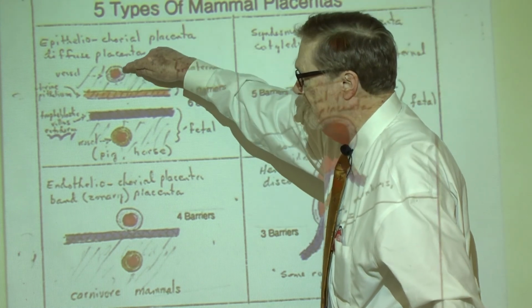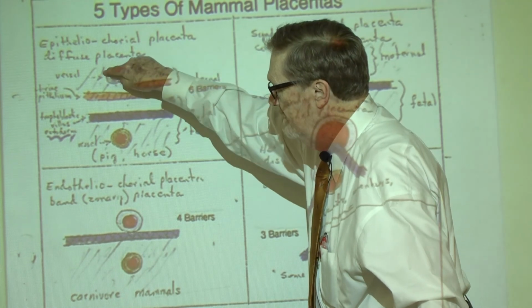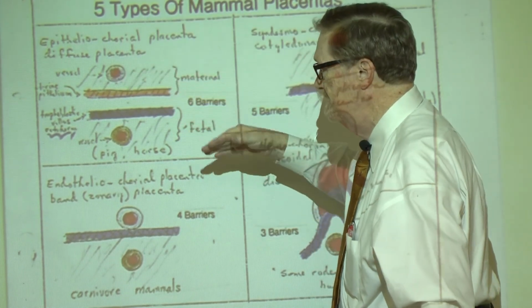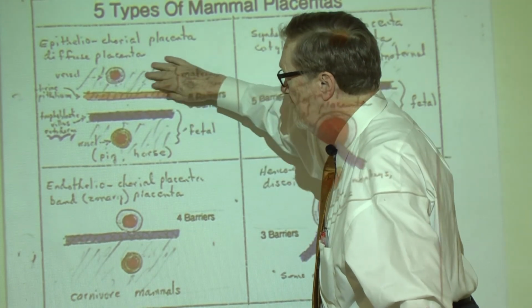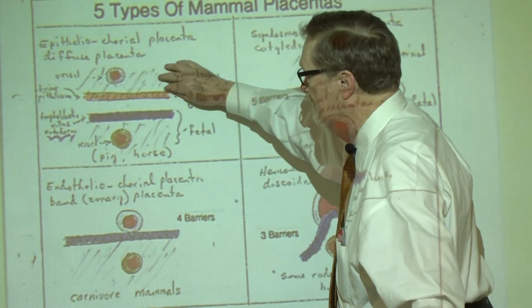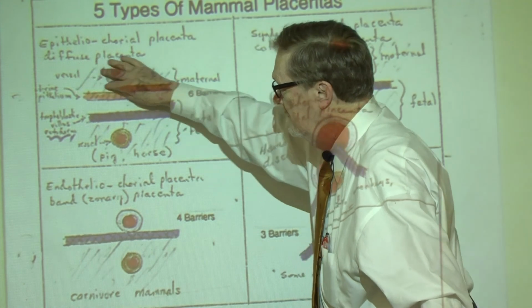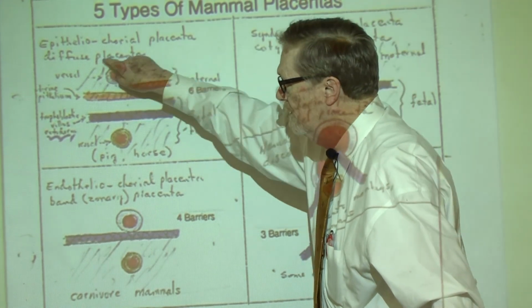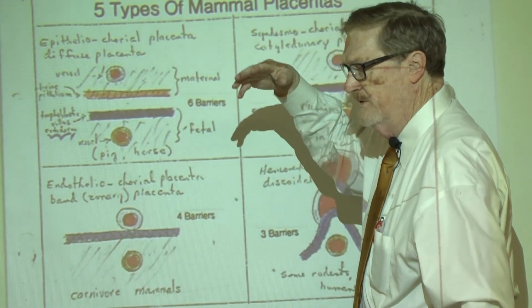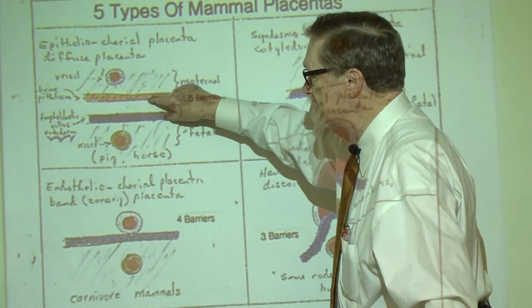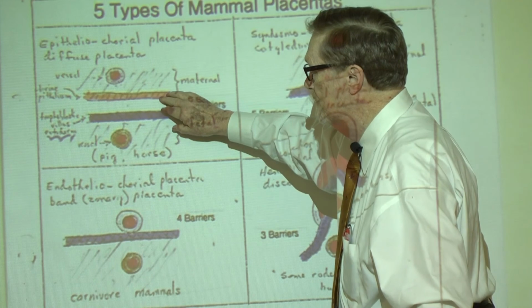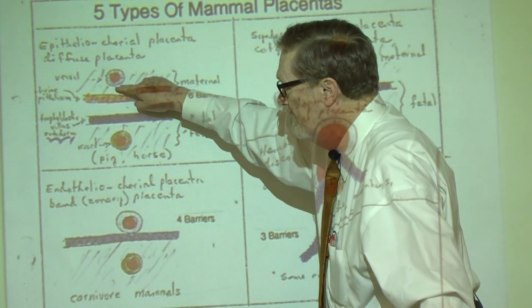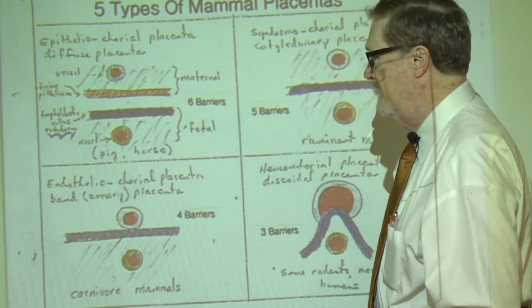Maternal blood is inside a maternal blood vessel, so the wall of the blood vessel is a barrier to transplantation. Then there's this material that makes up the endometrium, the connective tissue around the maternal blood vessel up in the uterus. And finally, there is a layer on the outside of the endometrium, the uterine epithelium. All 3 of those are barriers to transplantation.